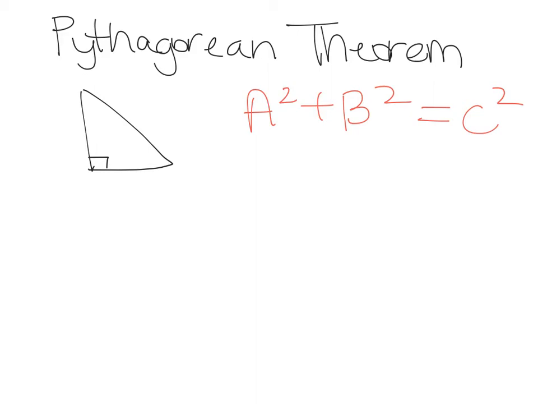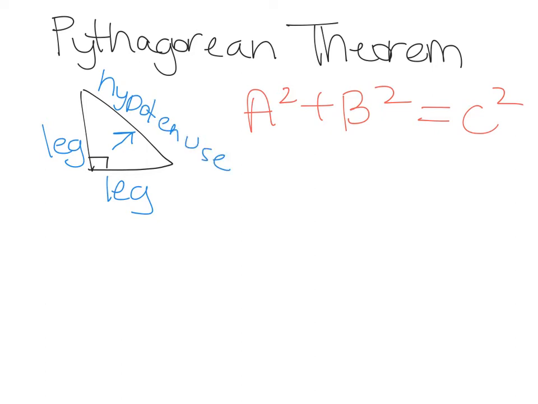In the Pythagorean theorem, let's review very quickly. In my right triangle, each side of the triangle has a name. The two sides that make up the right angle are called the legs. And the third side, which is opposite the right angle, that one is called the hypotenuse.